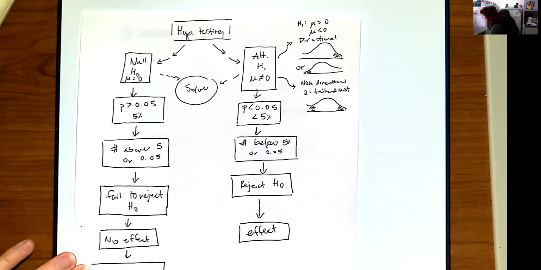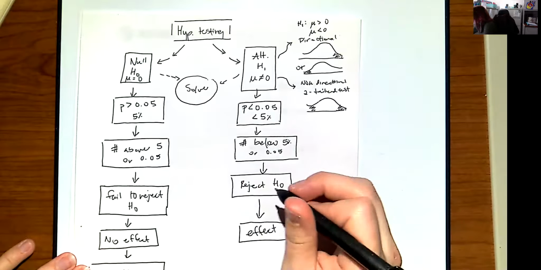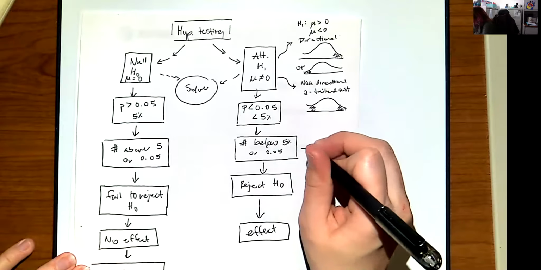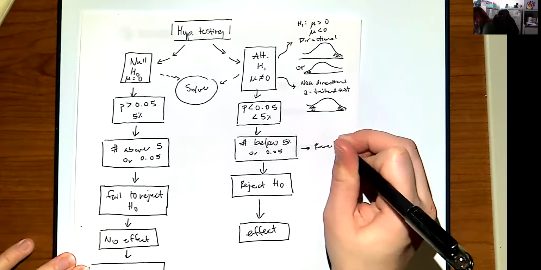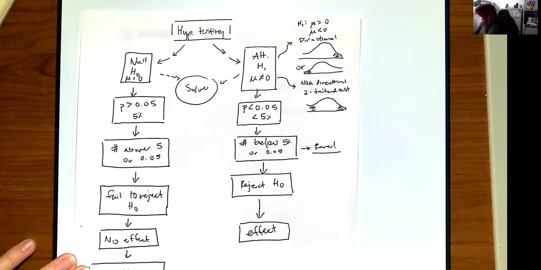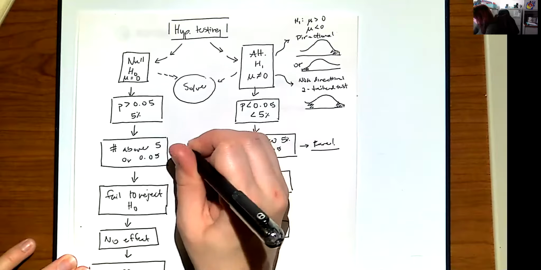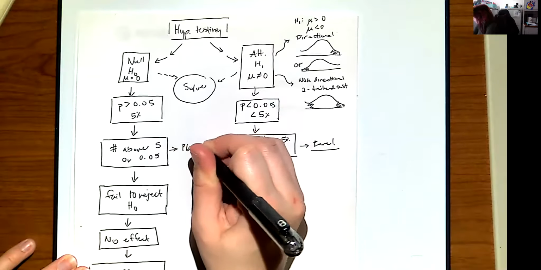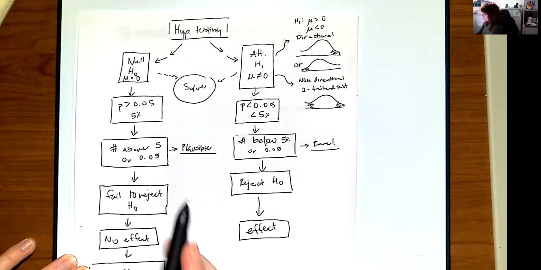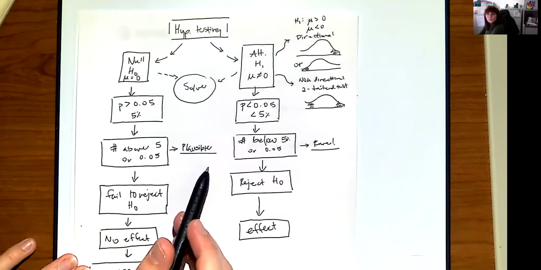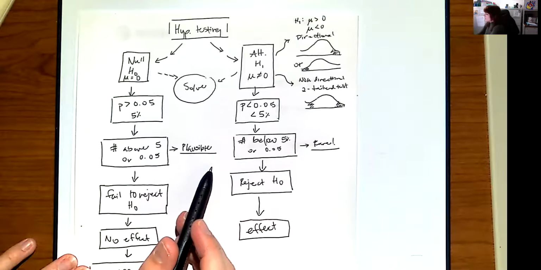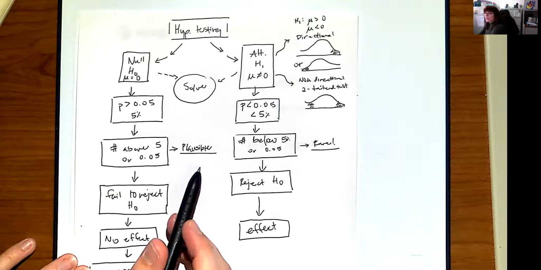Another thing we need to put in here is rare versus plausible. So I'm just going to make a little note right here. Rare. These are the words that we've been using in this course, and this one is plausible. This is saying that it is plausible that the null is true. We can't provide evidence for the null, but we can say that it's plausible that the null is true.